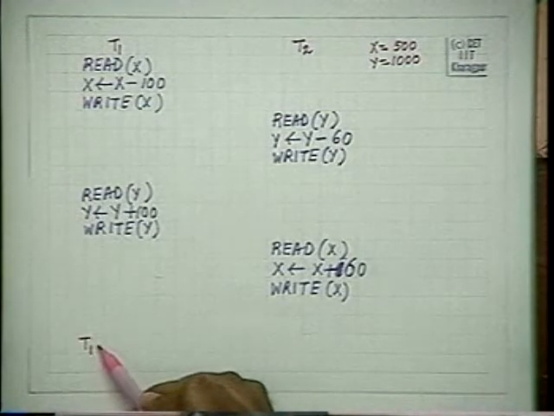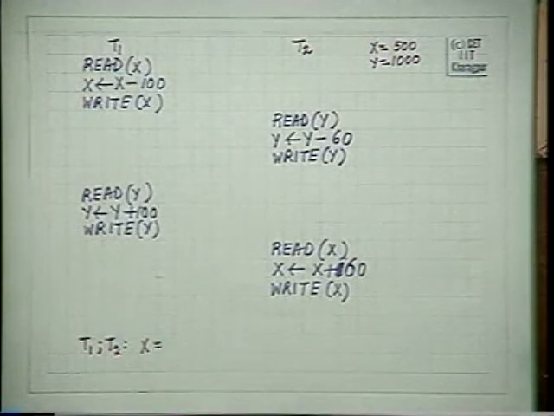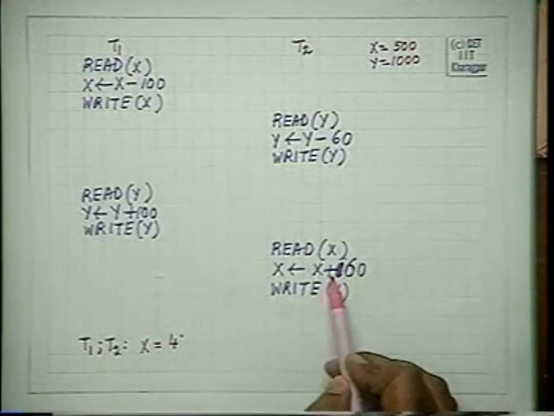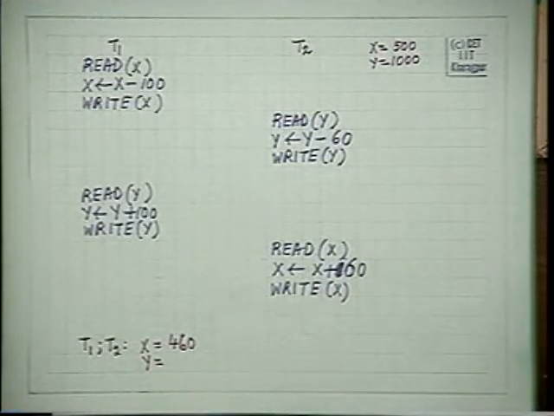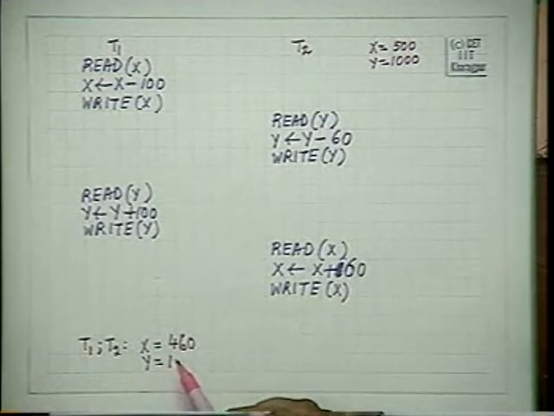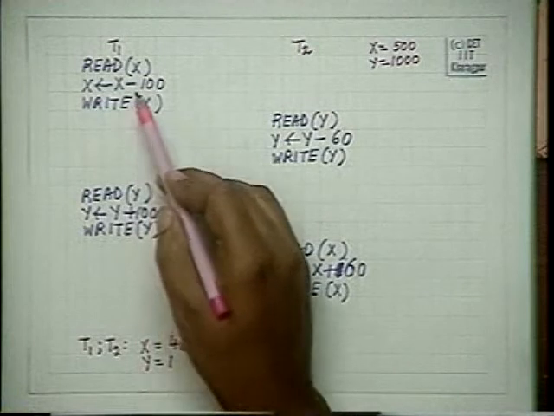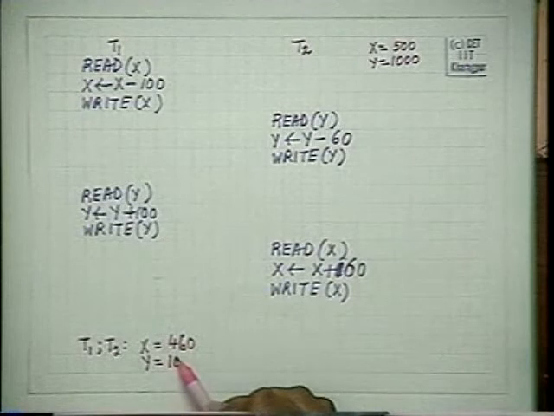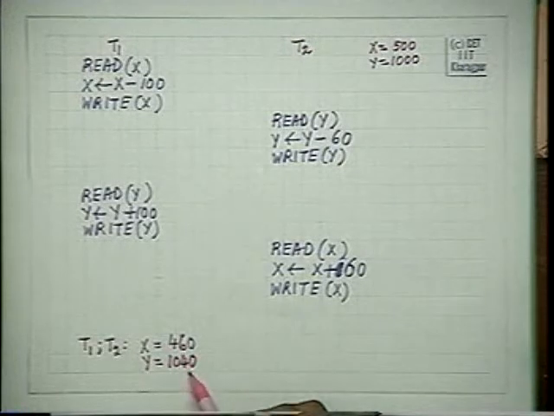So T1 followed by T2 will give x equal to 460 and y equal to 1140. 1000 plus 100 will be incremented, 100 will be deducted and 60 will be deducted, so 1040. This is the result.